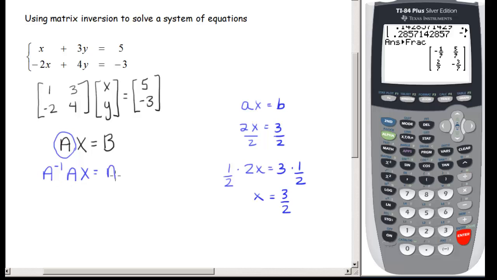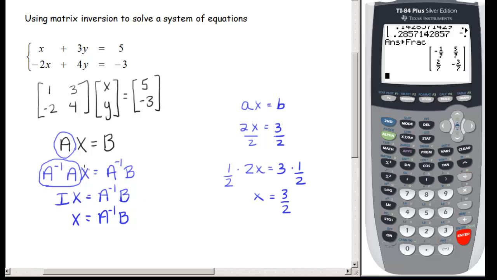So we need to make sure that if we multiply on the left by A inverse, we multiply on the left over here by A inverse. Otherwise, it won't work out. Now, remember we talked about A inverse times A? That is our identity matrix. So we have the identity times x equals A inverse times B. And remember how the identity works. When you multiply the identity times a matrix, you get itself. So we get x equals A inverse times B.